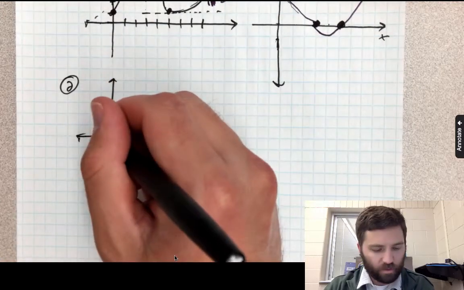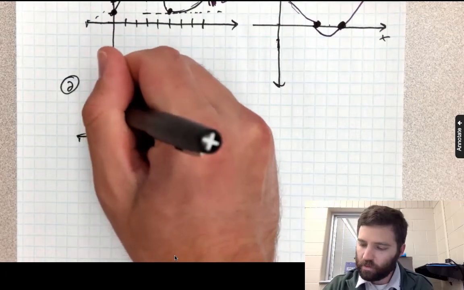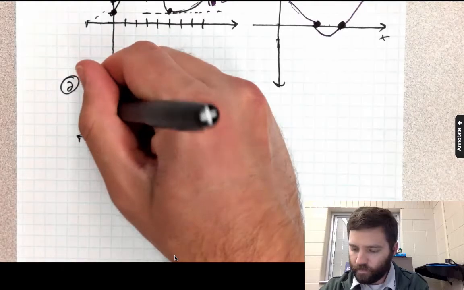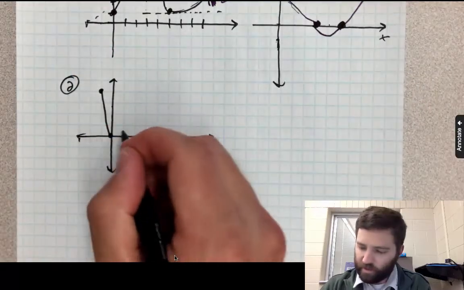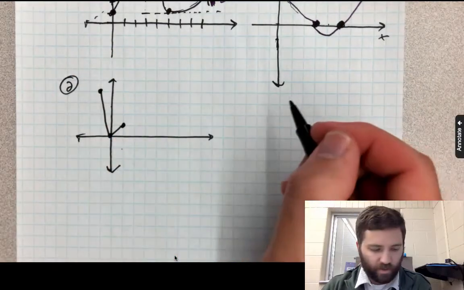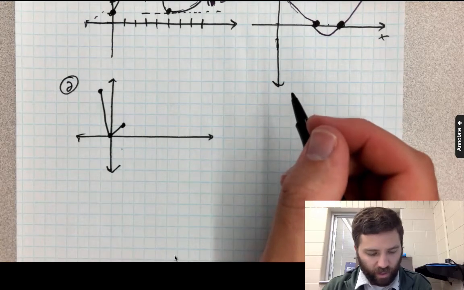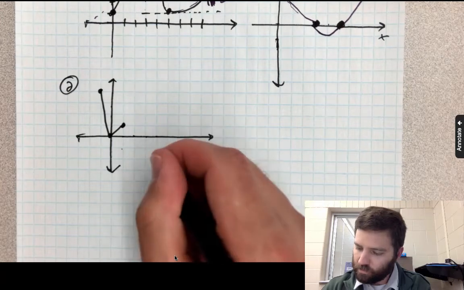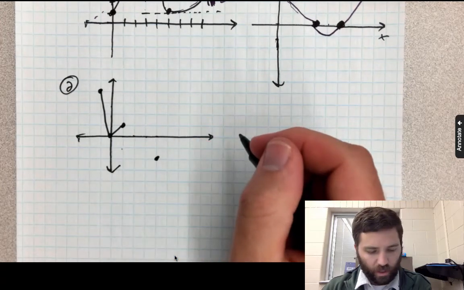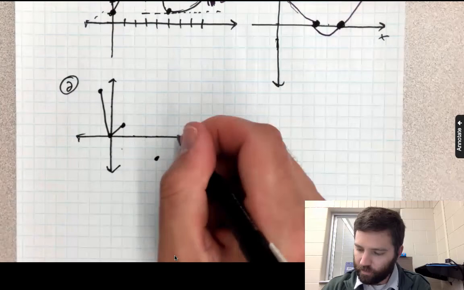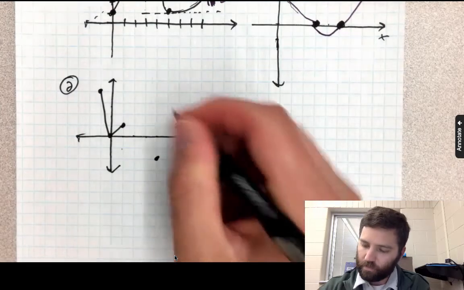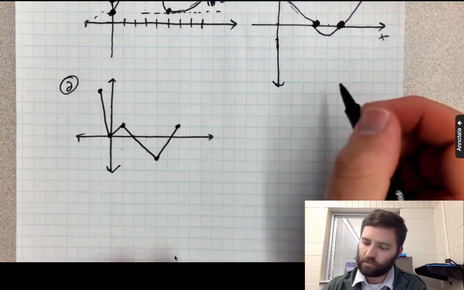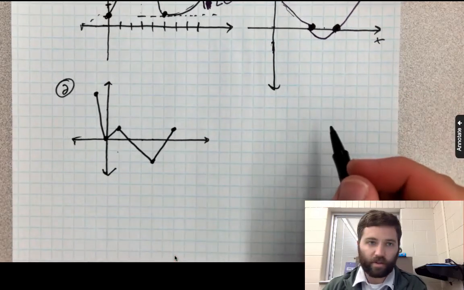So we have -1. So that line segment, then we have 1, 1, the line segment there, and then we have a point at 4, -2, and a point at 5, 1. All right, so there is the original function.